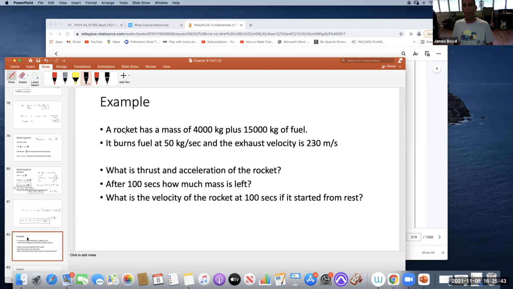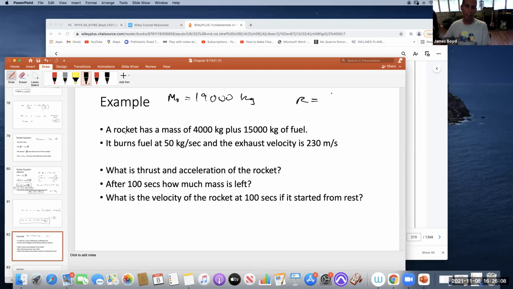A rocket has a mass of 4,000 kilograms plus 15,000 kilograms of fuel. It burns 50 kilograms a second with an exhaust velocity of 230 meters per second. What is the thrust and acceleration of the rocket? Okay, let's talk about what these are. M initial is going to be both of those, so 19,000 kilograms.